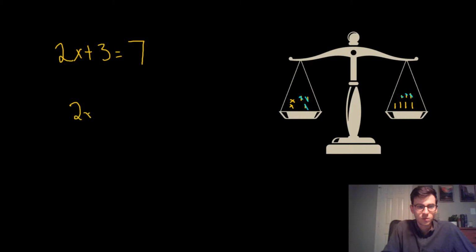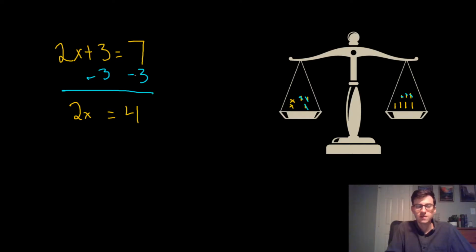And, well, what if you thought about that mathematically? What operation is used to take something away? Subtraction, right? So if I subtract 3 from both sides of my equation, 2x plus 3 minus 3 is just 2x, and 7 minus 3 is 4.